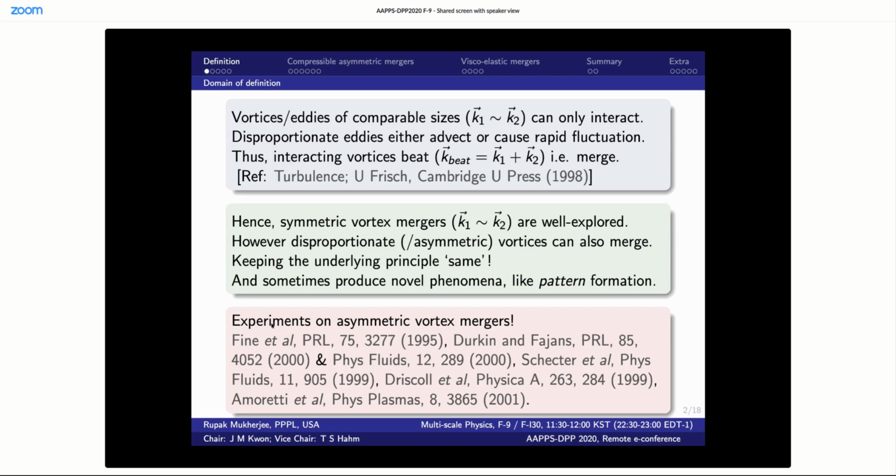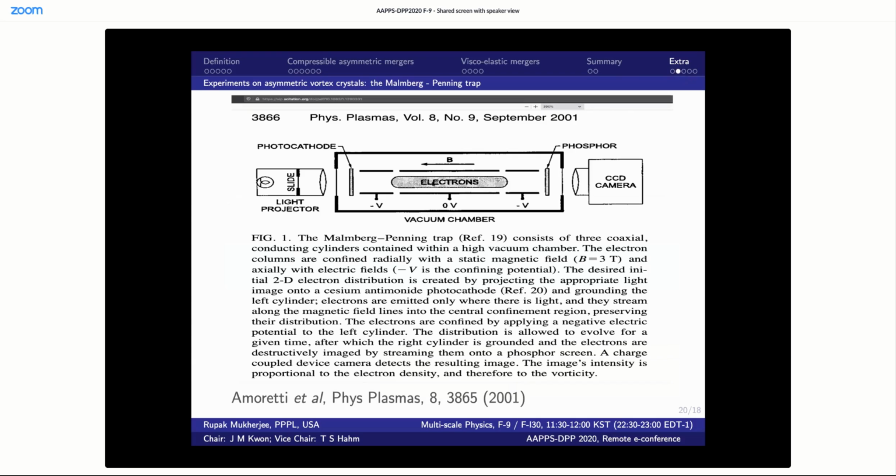There have been several experiments on this kind of asymmetric vortex merger. If you were to look up some of the experimental setups, they generally initialize some sort of electron cloud in the chamber, then run the experiments and make a movie using the CCD camera.